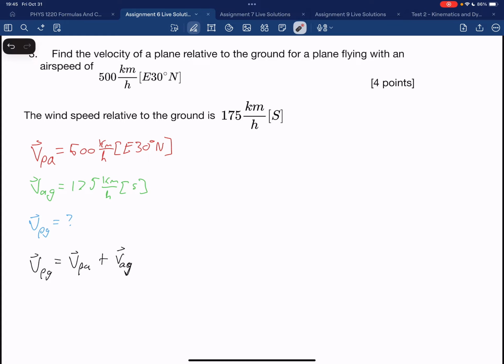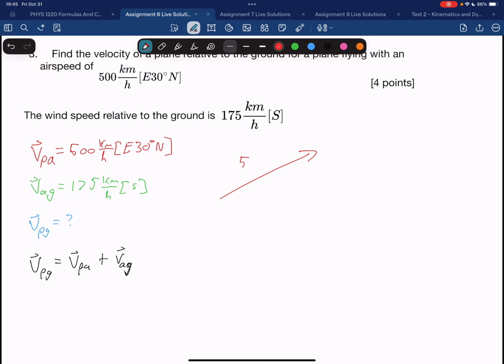So what our little diagram is going to look like is we're going to have about 500 kilometers per hour east 30 degrees north. We're going to have about 175 kilometers south, and then our resultant vector is VPG, and I'm looking for this angle here.